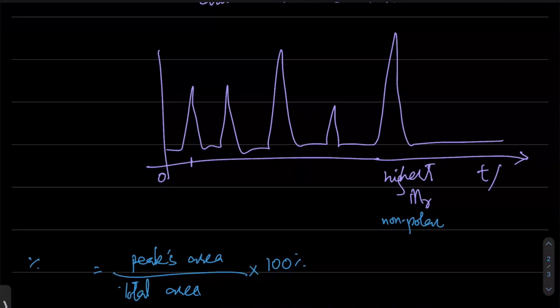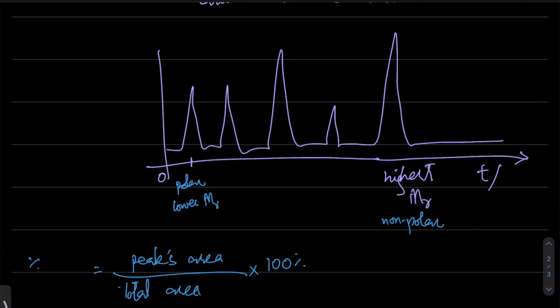If it is polar, it will create dipoles in the argon or whatever gas you're using, nitrogen for example, and strong bonds will form with it and it will flow quickly. So polar things are on this side, or things with lower MR are on this side, and things with higher MR or stronger London dispersion are at the higher retention time.